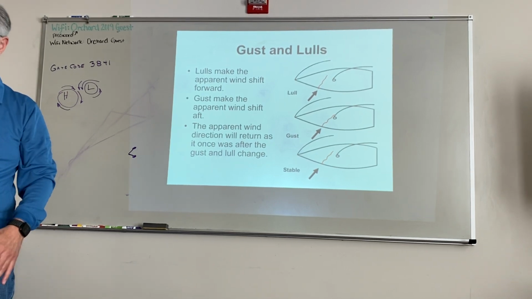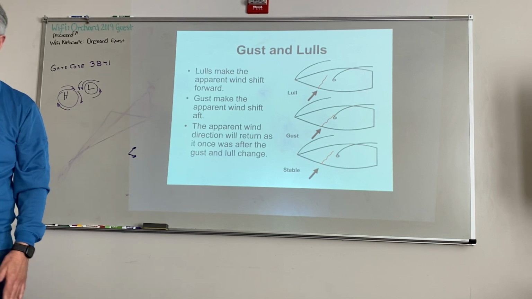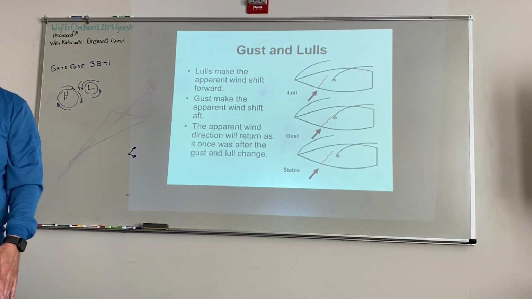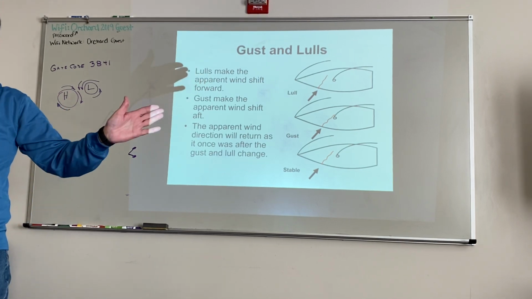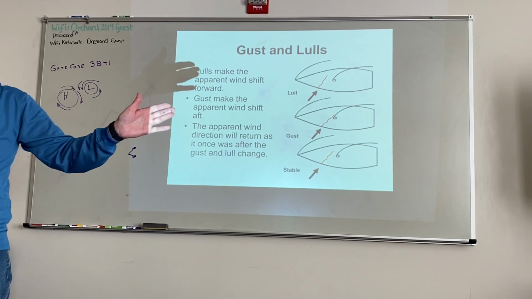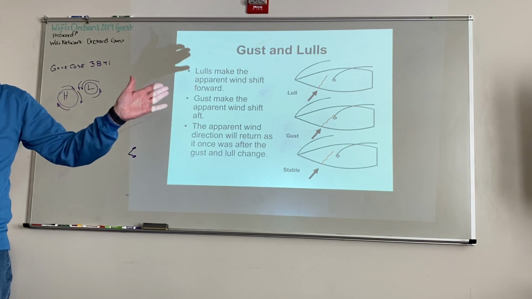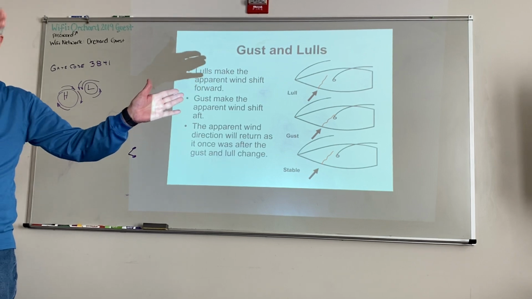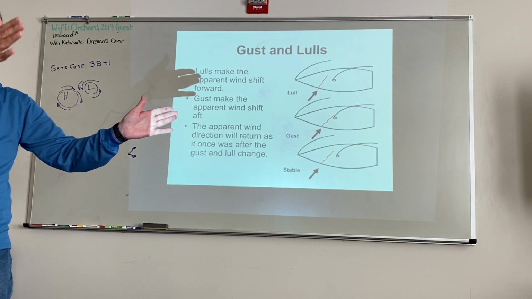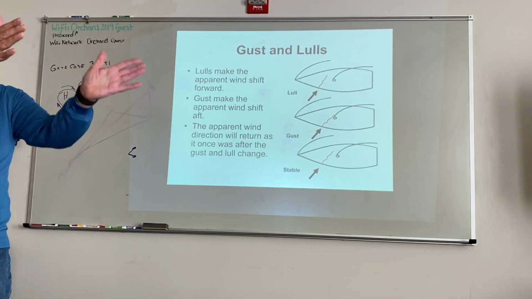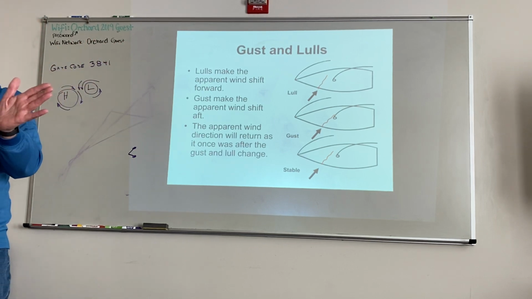When the boat's moving, the wind comes straight at you. So if you have wind off to the side and it slows down, then the boat wind is going to be more prominent, and so your apparent wind's moving towards the bow.